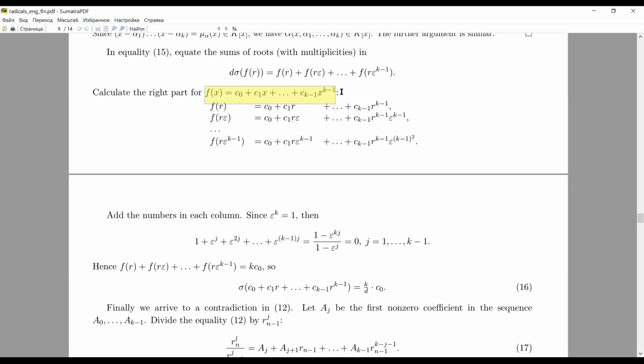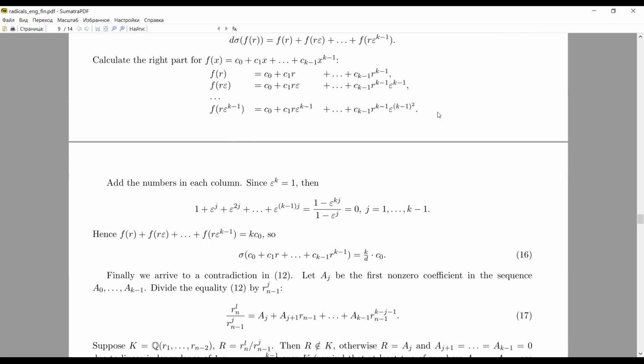We see that the sum of these numbers equals C0 multiplied by k, since the number of them is k, and the other summands equal 0.